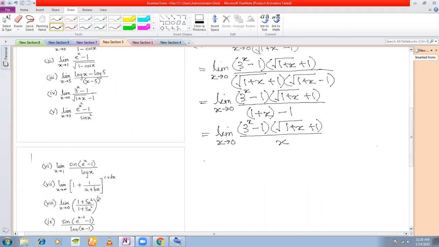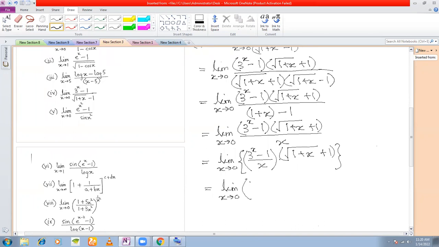Okay. Now what you can do here is limit x tends to 0. You can take x with 3 to the power of x minus 1, right? And this you can write as root 1 plus x plus 1, right? Now you can split the limit into two parts. 3 to the power of x minus 1 by x into limit x tends to 0 of root 1 plus x plus 1.